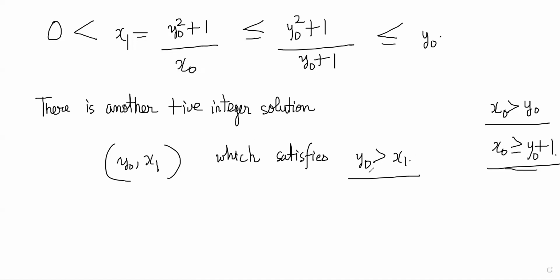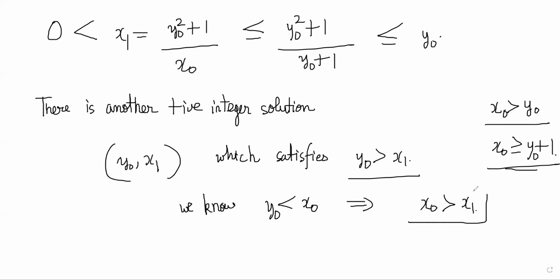We are getting y0 greater than x1, and we know already that y0 is less than x0. So this implies that x0 is greater than x1.